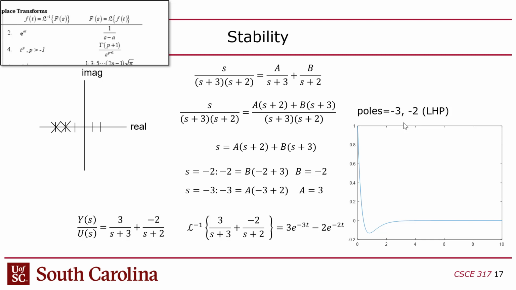And when you plot this, you can see that you give it the impulse, and it goes to 1, and then it comes down to 0, and then it just kind of stabilizes, right? So this is how that system would respond to an impulse in the time domain.